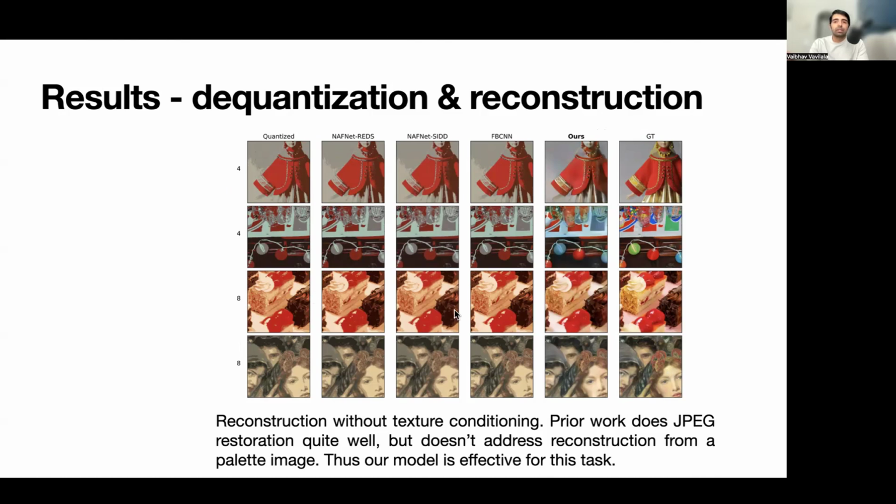You can see the existing works struggle to get lifelike colors. So for example, this woman's face, the existing images look kind of flat, whereas ours can get reasonable skin tones. So what that means is, again, we need a dedicated model to do dequantization, and the existing JPEG restoration models are not enough.